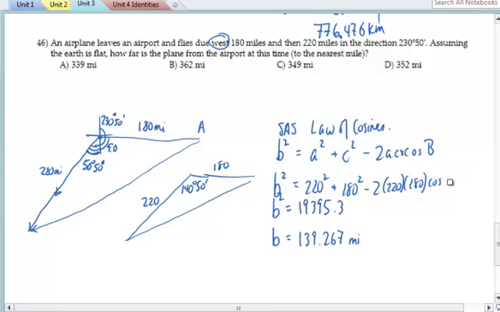I'm just going to change this angle to 140 degrees 50 minutes. So upon doing that, this value changes to 142,205.